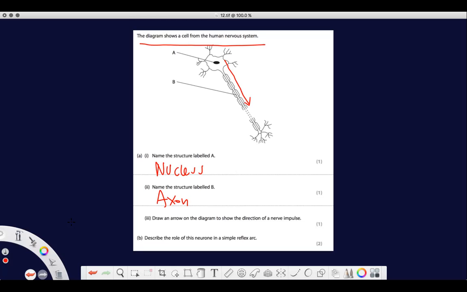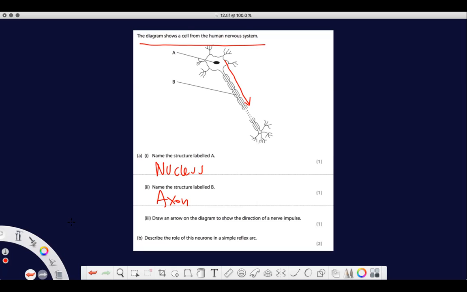Then only can we say its exact function in the reflex arc. So out of these three neurons, which one do you think this neuron is?